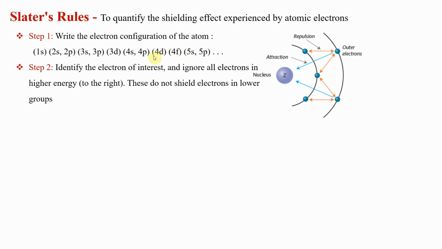So you need to know the electron of interest and ignore all the electrons in the higher energy to the right. For example, if I ask for a 3d electron, you can ignore all of these. If I am talking about this electron, it is being shielded by electrons inside if there were any, and electrons in the same orbit, but it is not shielded by anything outside. There goes the name shielding, right?